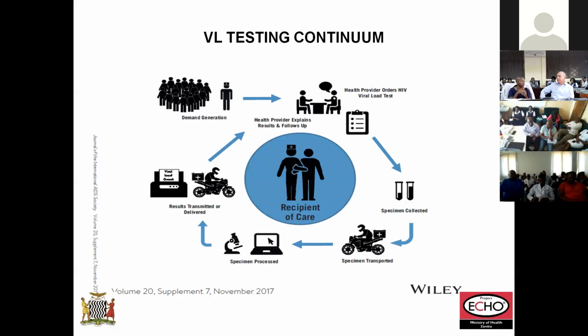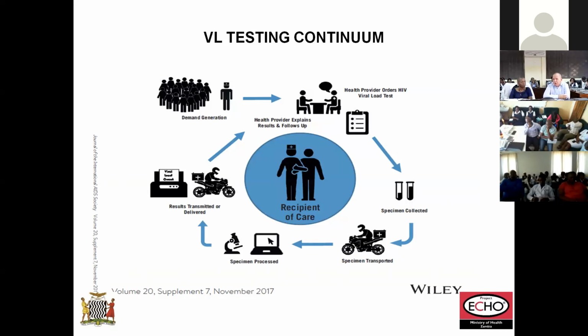Yeah, so that's something I'd like to share with the audience. It's the U equals U campaign that's supposed to be taking place at all sites. The idea is to emphasize the importance of having a suppressed viral load, not only among providers, but also among patients.